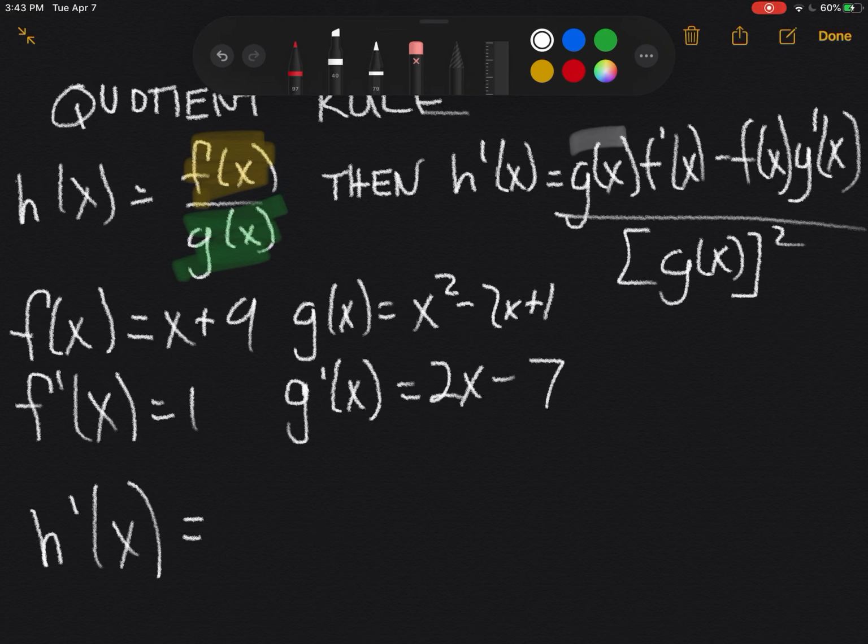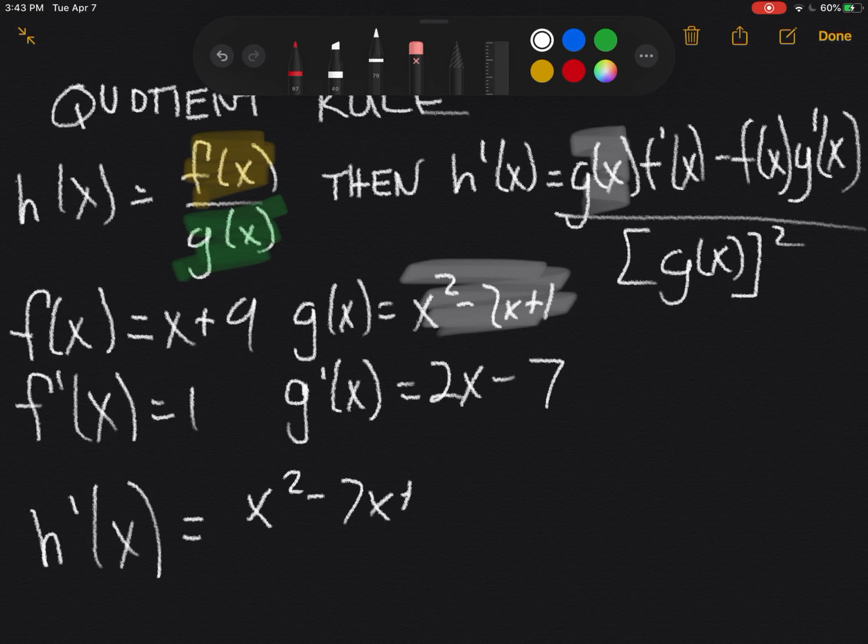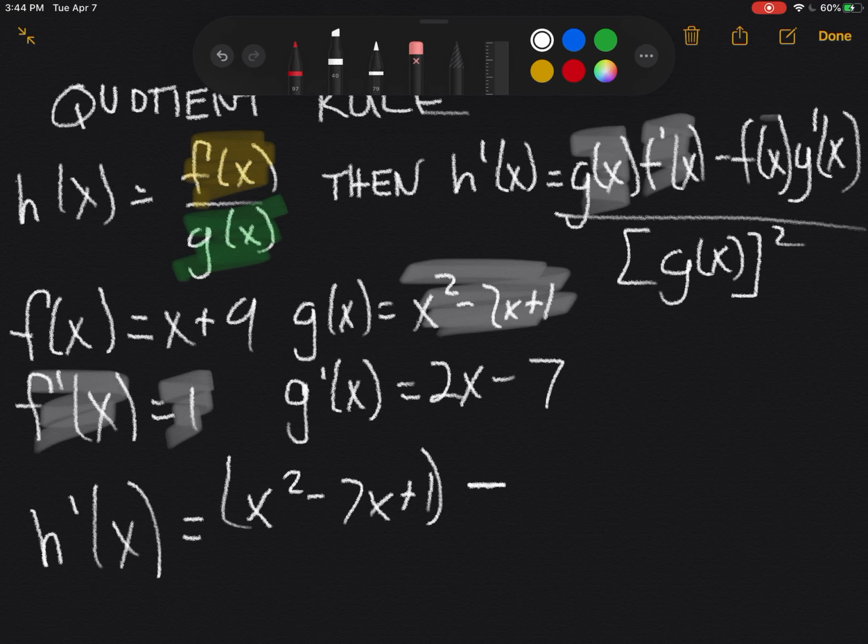And so I can plug all of this in here and now say h prime of x is equal to my function g of x, which is here, x squared minus 7x plus 1, times my function f prime of x, which is just equal to 1. So I'm not going to even write it, because multiplying by 1 is using the identity, so we don't need to worry about it.